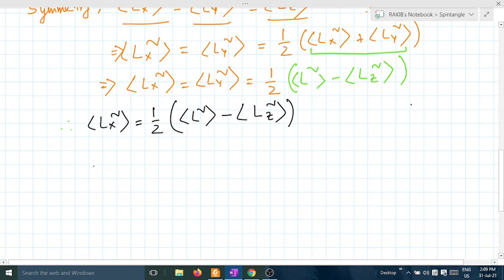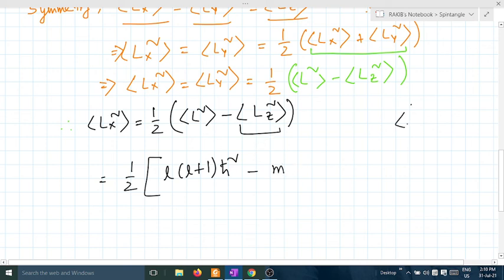Okay. Then what will be this? Half into the expectation value of L square operator is what? You know it, the expectation value of L square operator is L into L plus 1 h cut square. What is the expectation value of Lz square? We know the expectation value of Lz as m h cut.